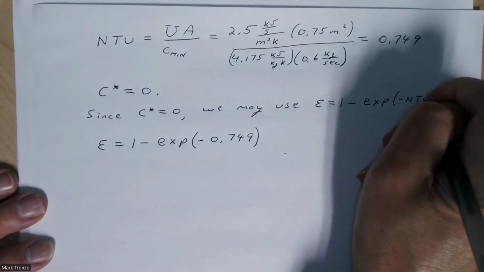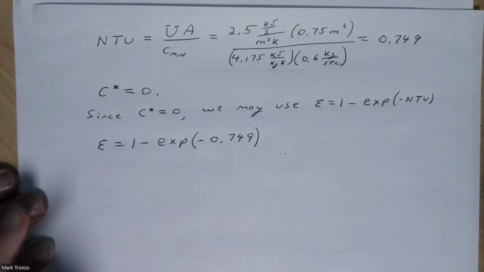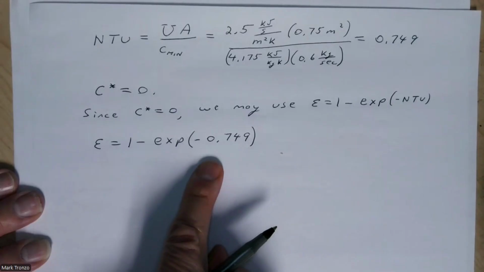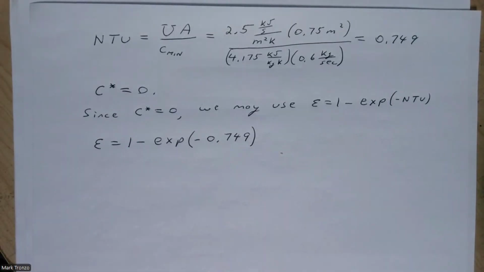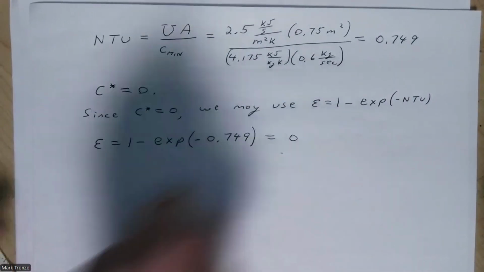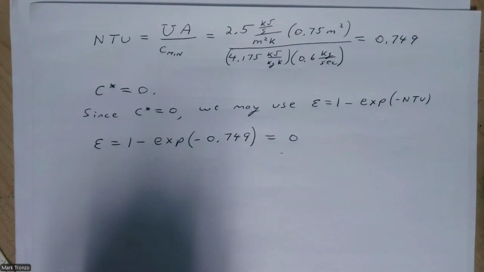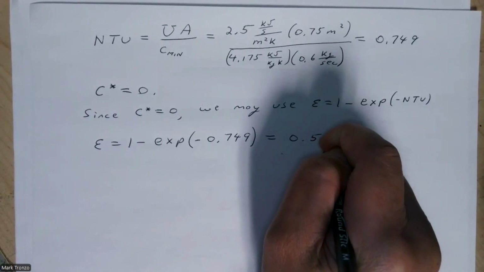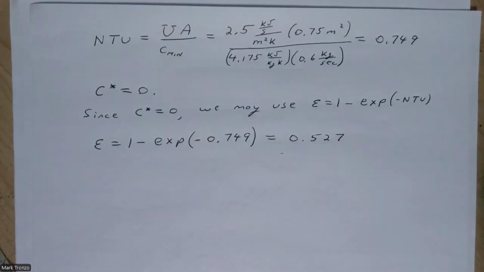That's the equation you can use when C star is 0. So when we substitute our NTU into here, we get this. And we put that in your calculator to get an effectiveness of 0.527.